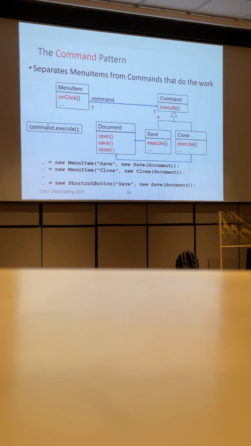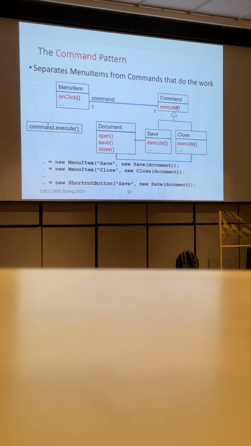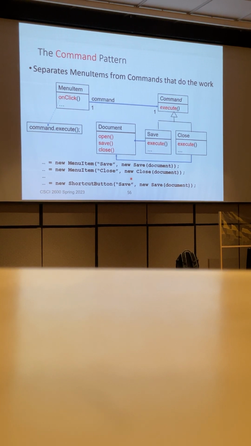Here is a design pattern that solves this problem. It's called the command pattern. Basically the idea is that it separates the commands from the ways to invoke them, so that we have just general save and close actions, and they are treated as commands. Then each command can have multiple ways of invoking it. It can be invoked through the menu item, or through something else. For example, here's a little code snippet.